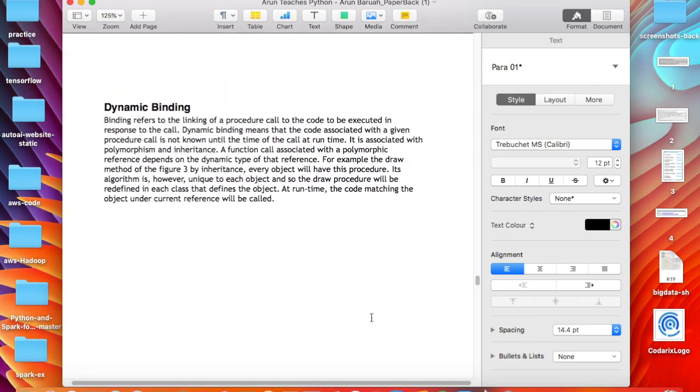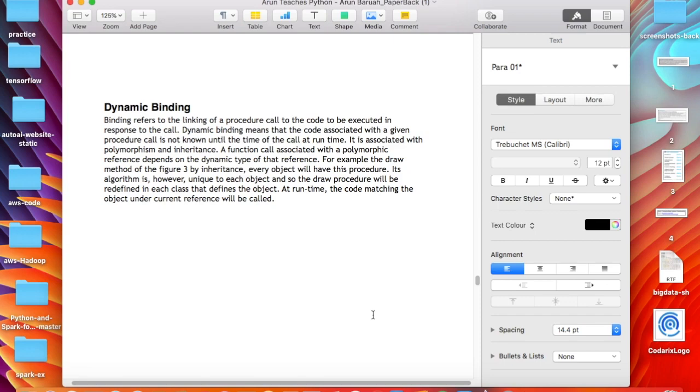Now let us talk about dynamic binding. What is binding? First, binding refers to the linking of a procedure call to the code to be executed in response to the call.